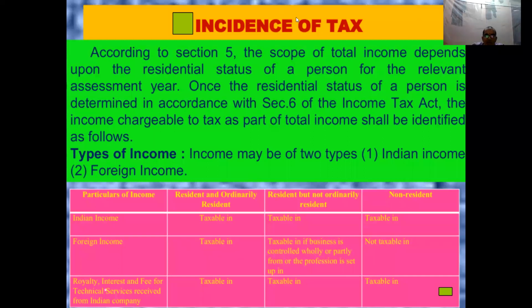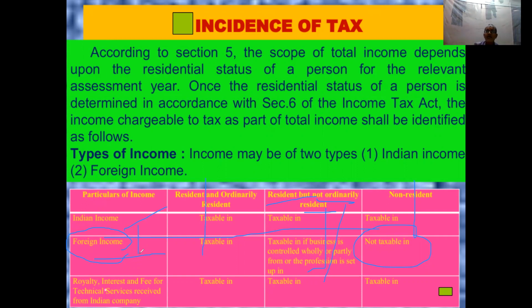On Indian incomes, there is no exemption. All have to pay tax. On foreign income, resident and ordinarily resident has to pay tax. Non-resident need not pay tax. But resident but not ordinarily resident has to pay tax provided the business is controlled either wholly or partly from Indian land. In that case, he has to pay tax. So foreign income, you understand, all incomes other than Indian incomes are foreign incomes.